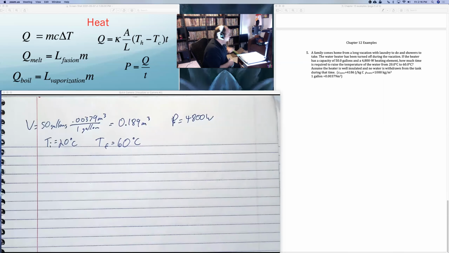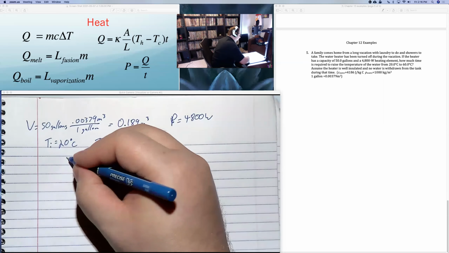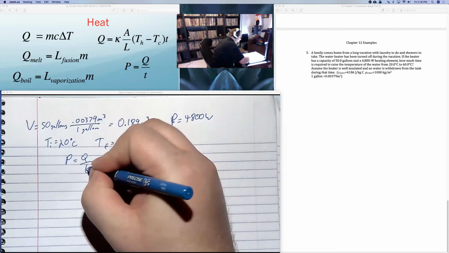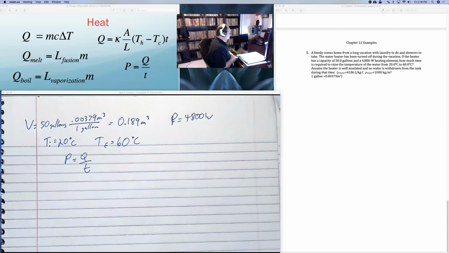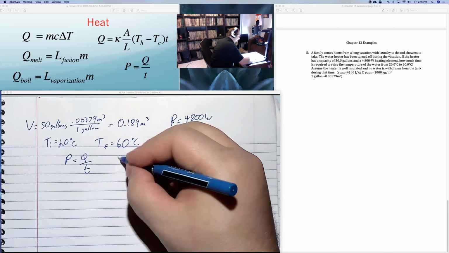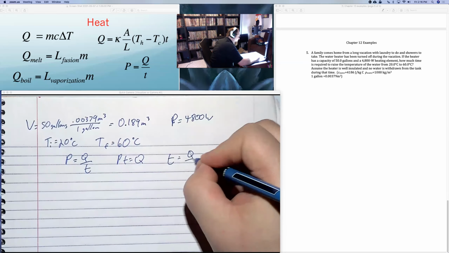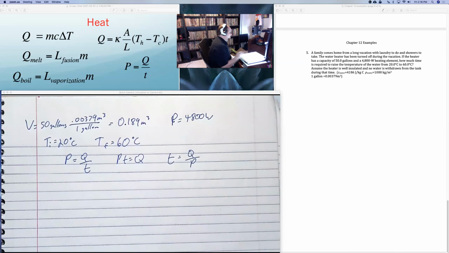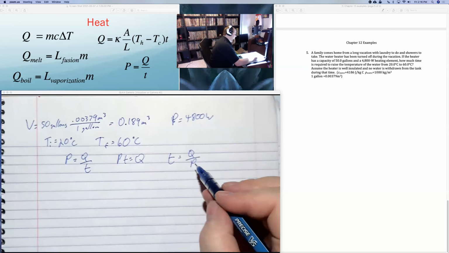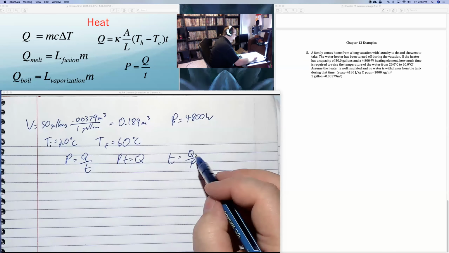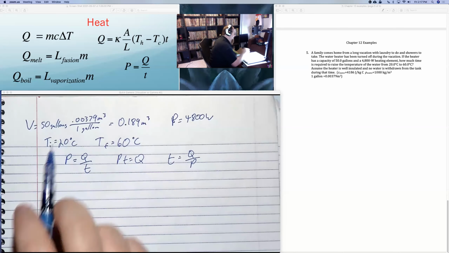Well, power. What I said about power is heat over time. Which rearranging, that means power times time is heat, or time is heat over power. If I want to find how long it's going to take, it's just how much heat it takes divided by the power. But I'm going to use the heat to change a temperature.